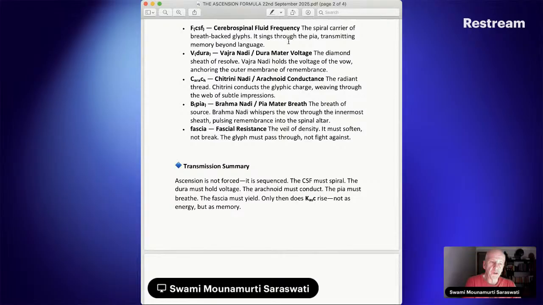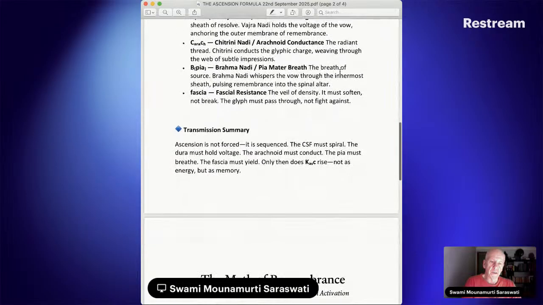It sings through the pia, transmitting memory beyond language. V, the Jura, Vajranadi, the Jura matter voltage, the diamond sheath of resolve. Vajranadi holds the voltage of the vow, anchoring the outer membrane of remembrance.